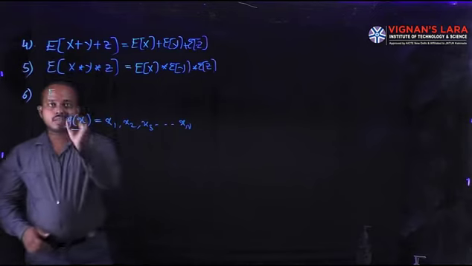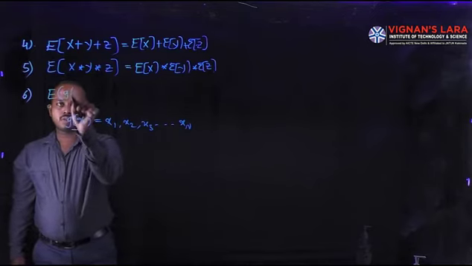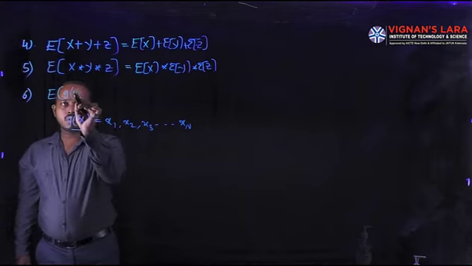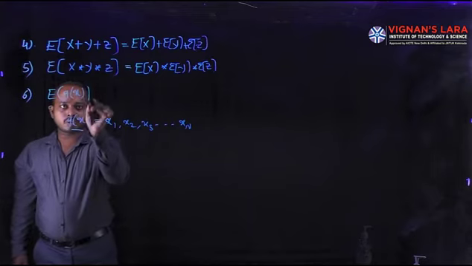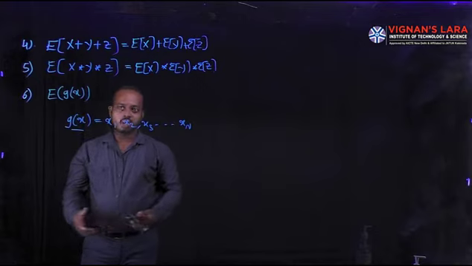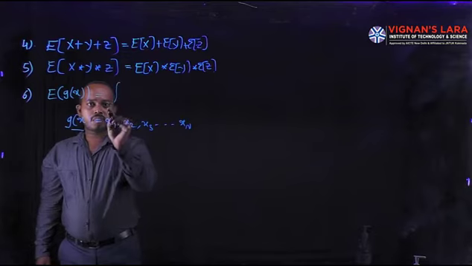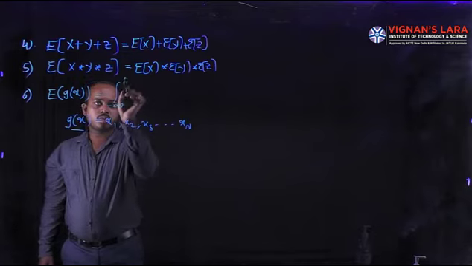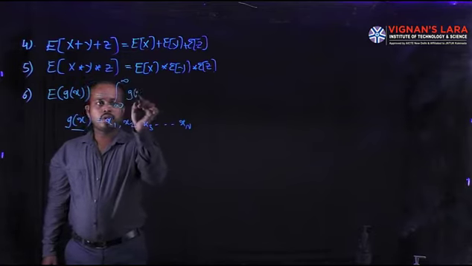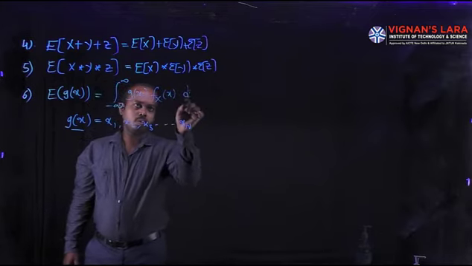Now we can consider the expectation of g of x. We can represent the expectation of g of x in terms of its basic formula. Already we have seen that in the last class. The same thing I am writing here: integral from minus infinity to plus infinity, g of x into fx of x into dx.